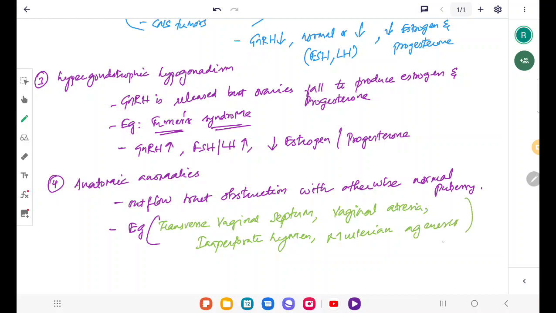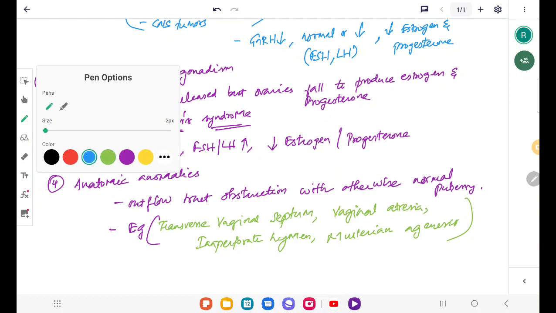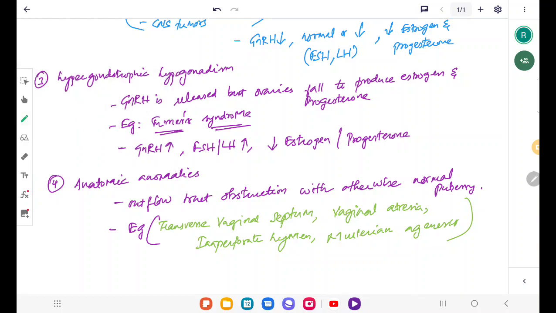These are some of the anatomic anomalies which cause primary amenorrhea, and as a result the gonadotrophin releasing hormone, follicle stimulating hormone, luteinizing hormone, estrogen, and progesterone would all be within normal limits.